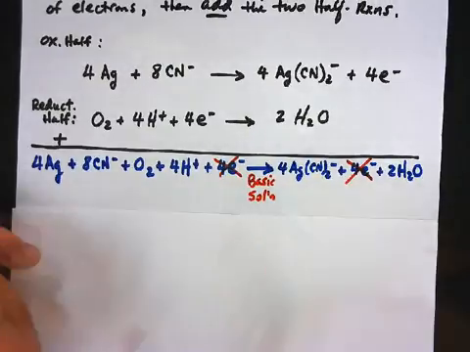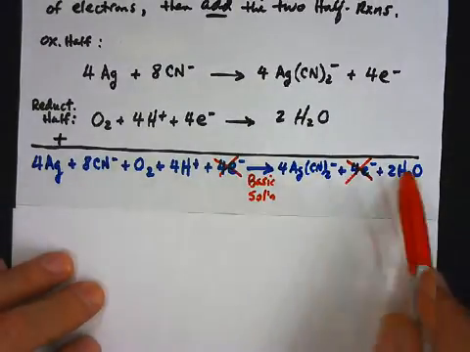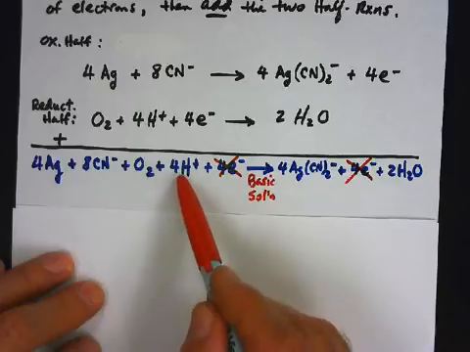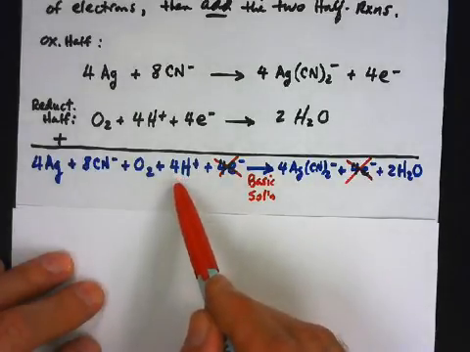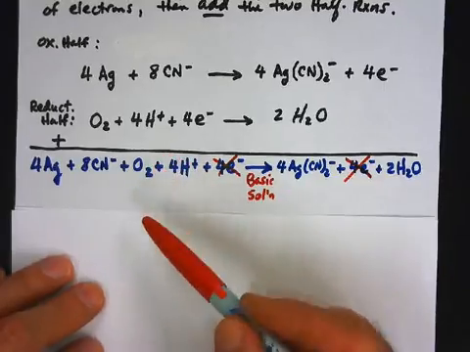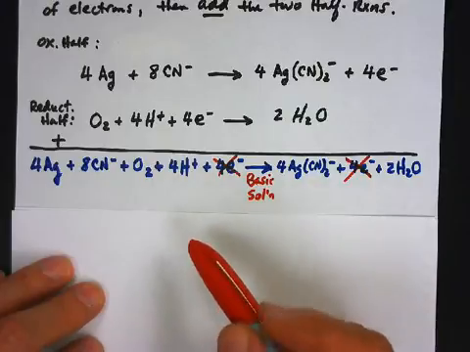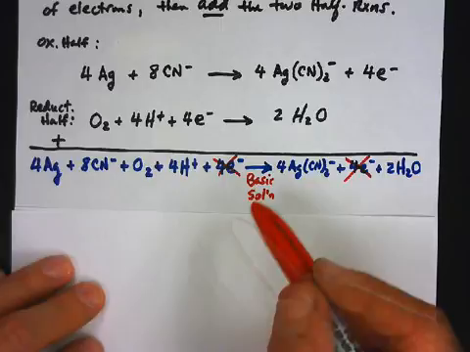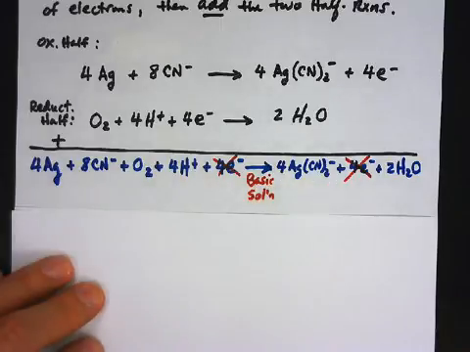And basic means OH. I don't see any OHs here. All I see is a lot of H pluses, which would indicate that this is in an acidic solution. This would be our end answer if the original question asked you to balance it as if it were in acidic solution. But since it's in basic solution, we have one more step.